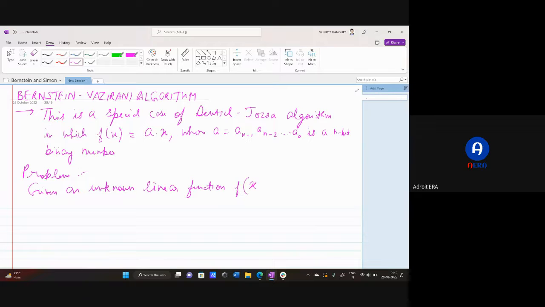Let us generalize that function with inputs x_{n-1}, x_{n-2}, and so on up to x_1, x_0, of n inputs.